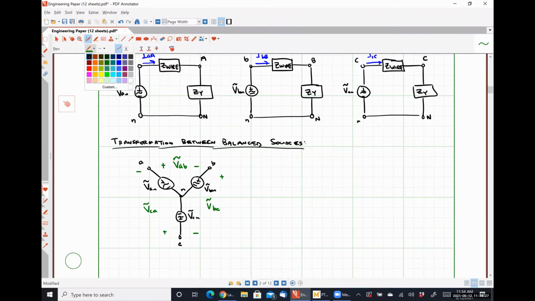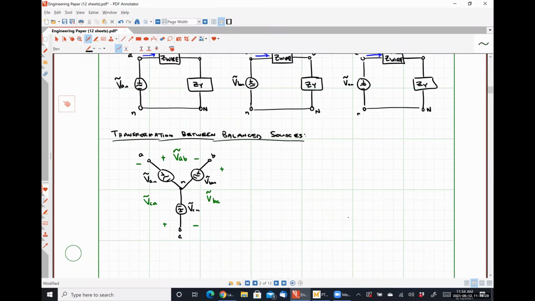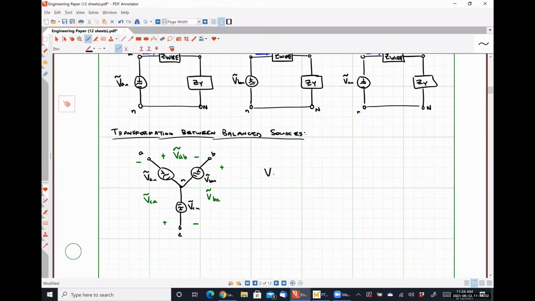We can develop mathematical relationships for these quantities, right? So for instance, if I say that VAN has some magnitude VP with an angle of 0 degrees, VBN must have that same magnitude VP with an angle of negative 120 degrees, assuming a positive phase sequence, as we will do in this class. And VCN will be VP angle negative 240 degrees. All right.